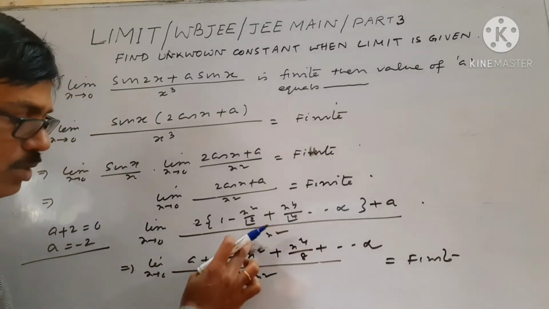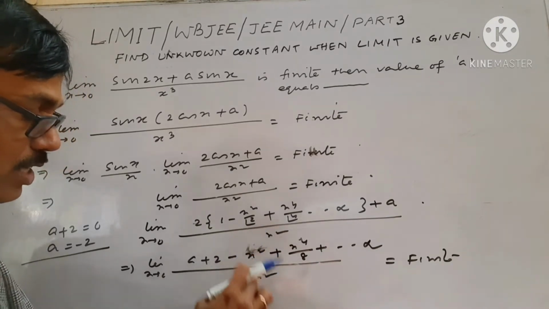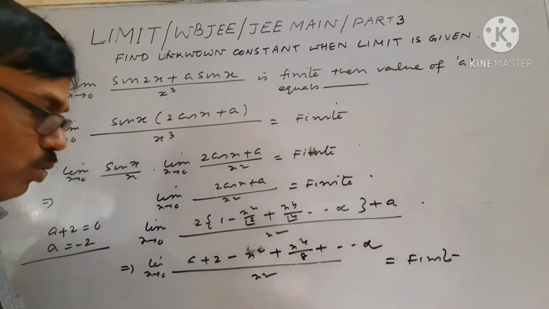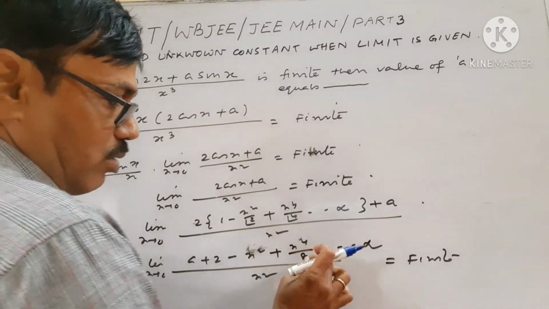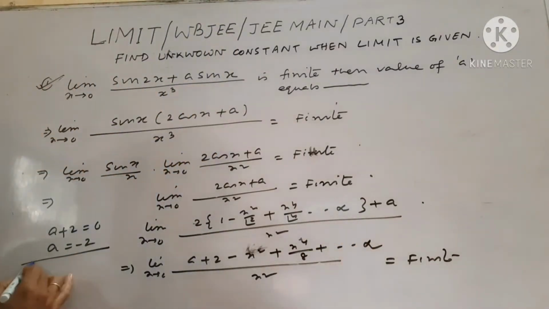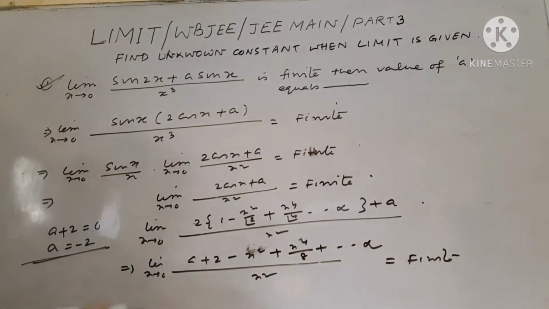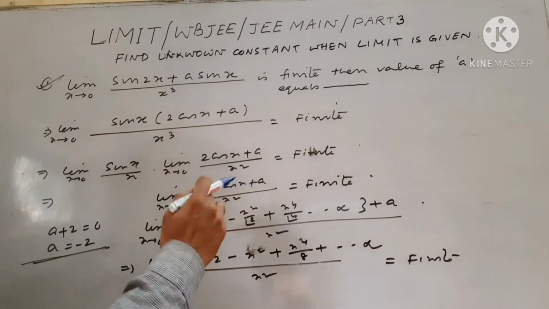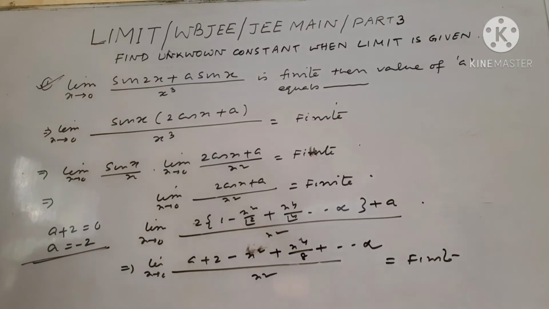If the value of the limit is given as minus 1, and this part is greater than x square, so this part is 0, so a is minus 2. We can use the expansion of cos x or use logical thinking: 2 cos x plus a tends to 0, that is, a tends to minus 2.